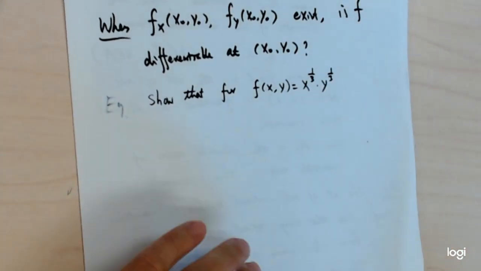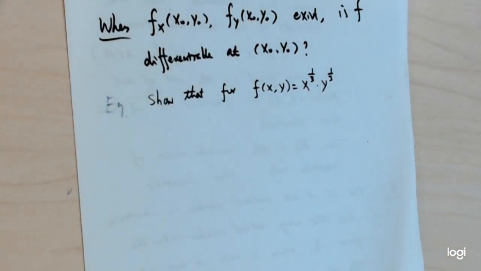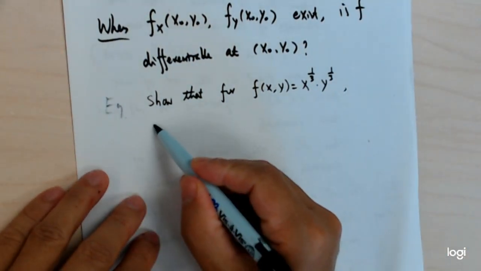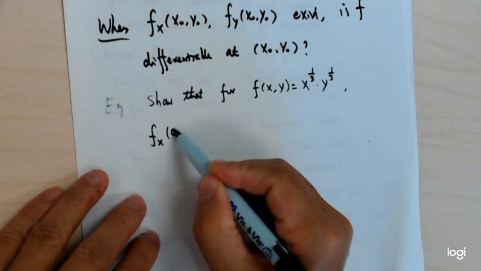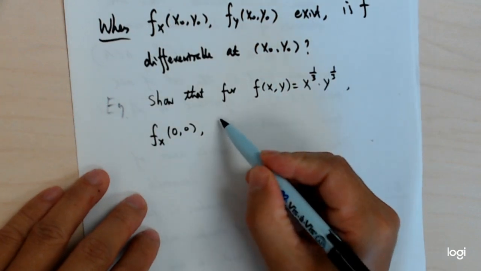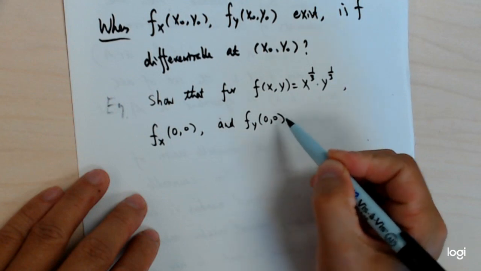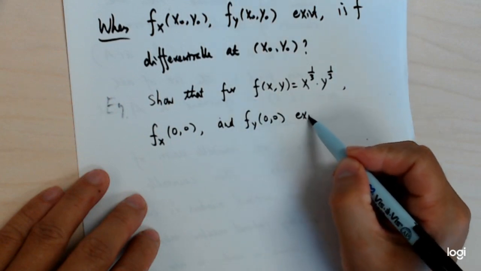So I guess this function itself looks simple enough. x to the 1/3, y to the 1/3. It's well defined for any x and y. But let's show for this guy the partial derivatives at 0, 0 exist.